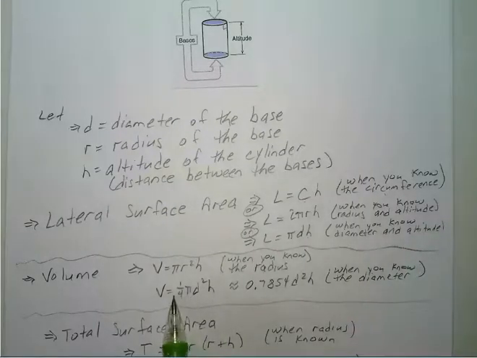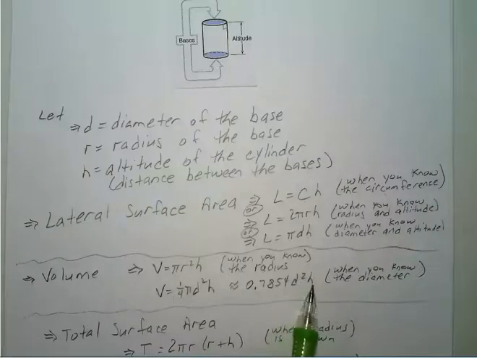If you multiply 1/4 by pi, you get approximately 0.7854. So either one of these formulas will be okay to use. It all depends on if you want to use 1/4 times pi, or if you want to combine those and get this decimal number here. But both of those will be multiplied by the diameter squared times the altitude.